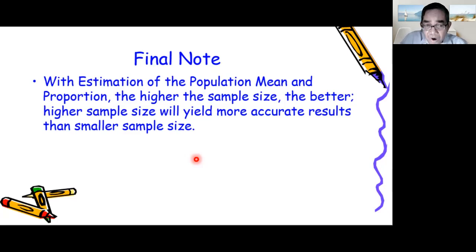Now, getting more participants than 386 will yield much more accurate results, except that there can be some problems related to ethics, because ethics will say, for example, why will you recruit more if this is only the required sample size? People that you recruit are not necessary anymore, because with the required sample size you will be able to answer the objective of the study. And so why recruit more?